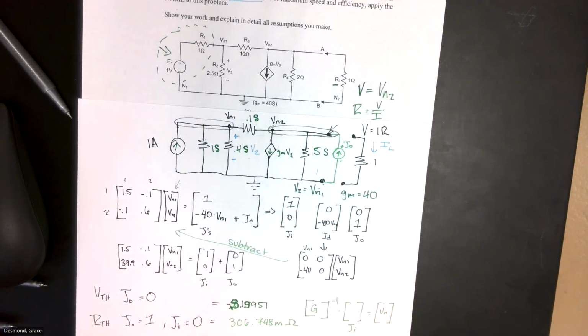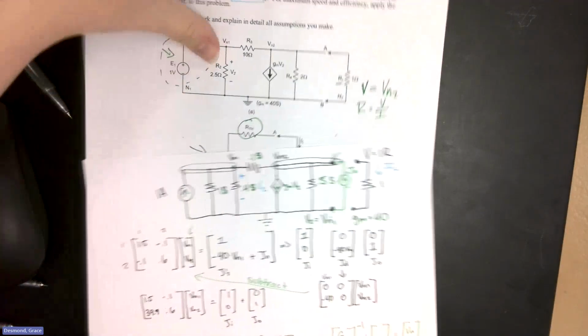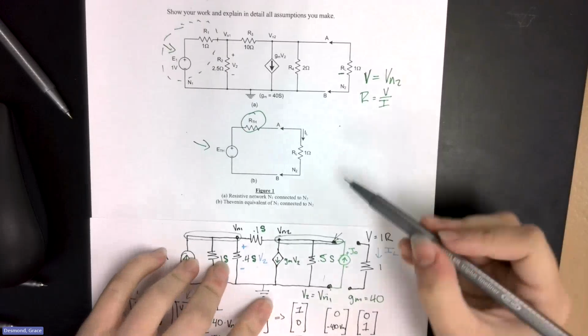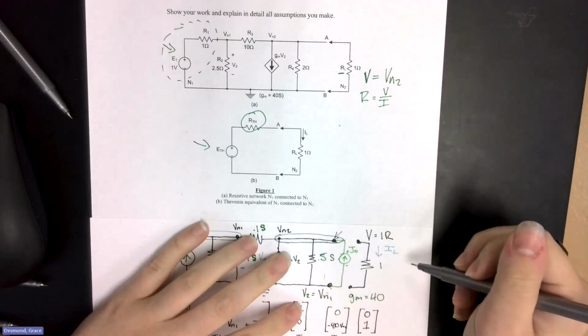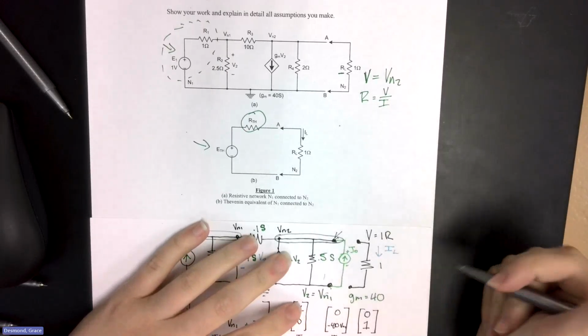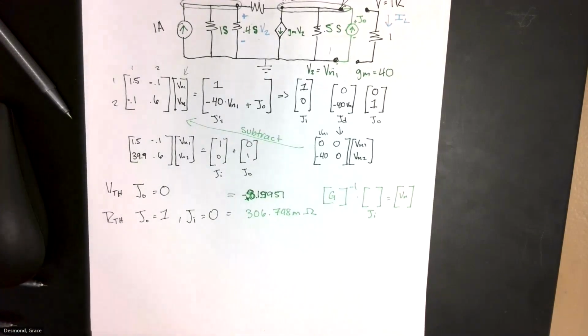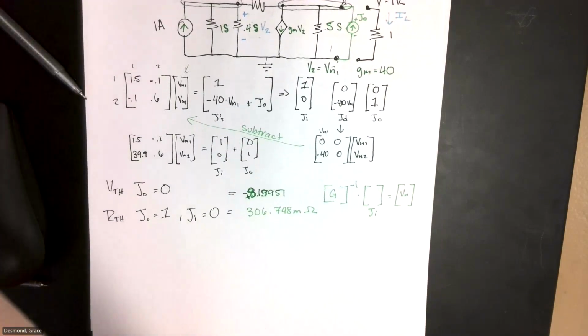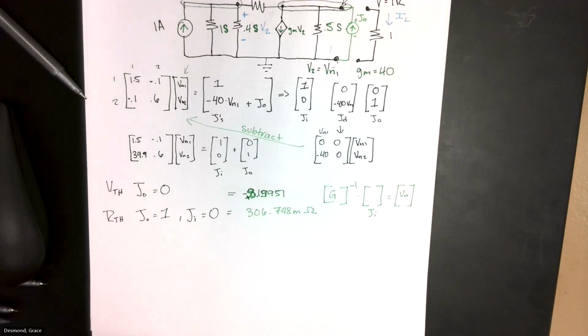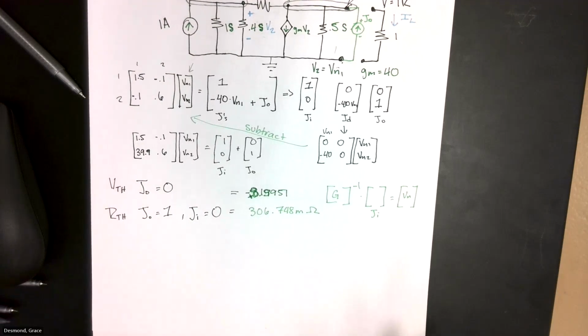Good stuff. Now we have one more task. We need to find the load current with 1 ohms. How do we do that? It's divided by the resistance.